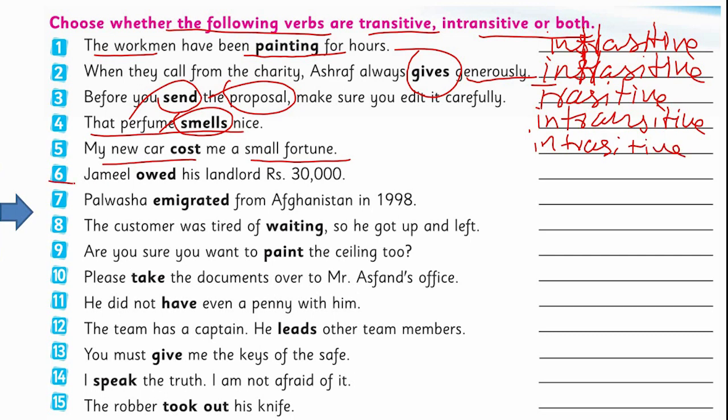The sixth one, Jamil owed his landlord 30,000 rupees. So yes, we have an object here, the 30,000 rupees. Owed is a transitive verb here. The seventh one, Palwasha immigrated from Afghanistan in 1998. We have an object here, so this is again transitive here.